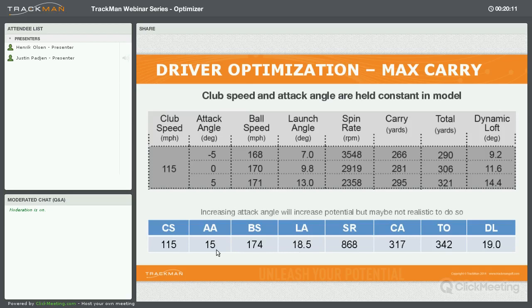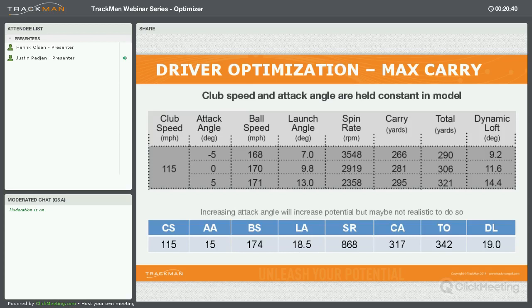Well, what we have to do is hold your club speed and your attack angle constant, because otherwise we would be telling everybody to hit up on it 14 degrees. And we know that's not always realistic, and is improbable in most cases. So with the driver, because somebody can hit either down on it, flat, or up on it, we have to hold that attack angle and club speed constant and then say, based off of your current swing, what is possible?